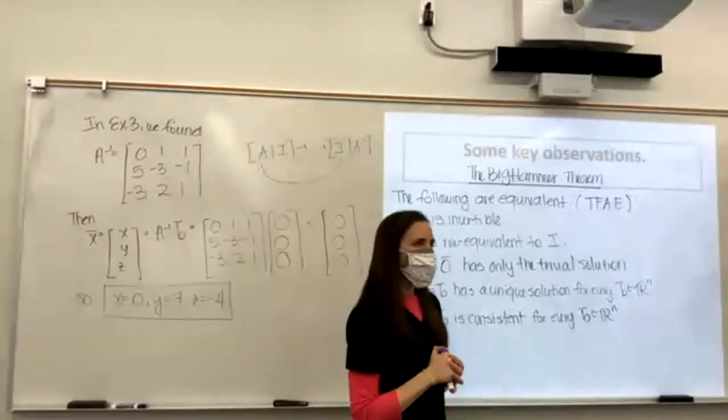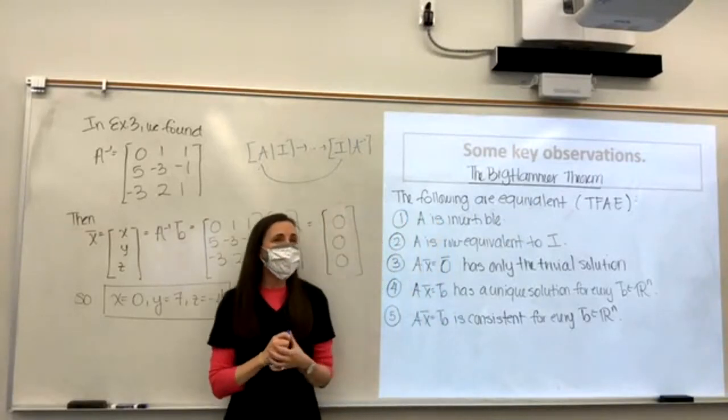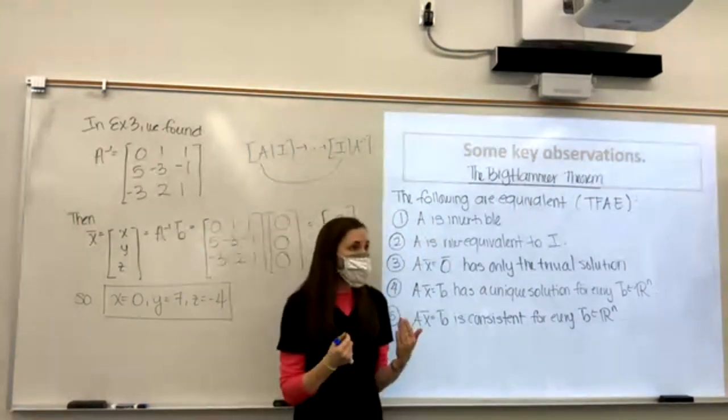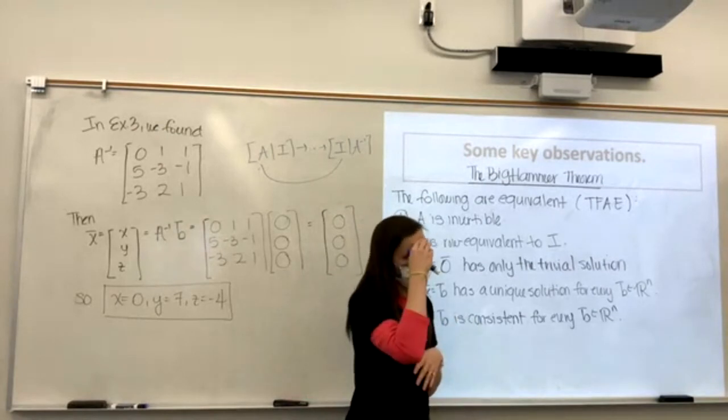Cool? Any questions, Sophie? Hey, Dr. Heller. Yeah. So, great question. If a theorem has a name, and we haven't learned any yet, I don't think, you can reference it by name. And this one you can call the Big Hammer Theorem if you want. I'll know what you mean.